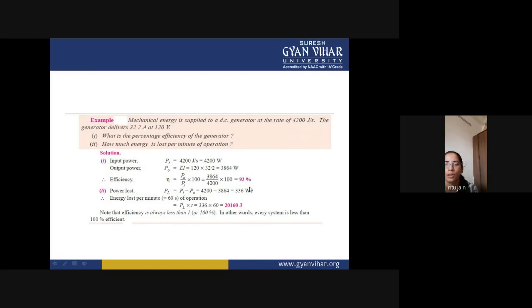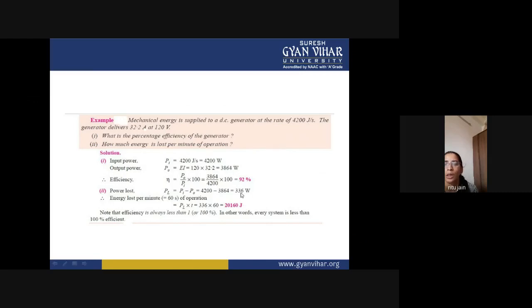The efficiency of this generator is 92%, and the power lost, PL, is equal to Pi minus P naught. So the loss of power is input power minus output power.